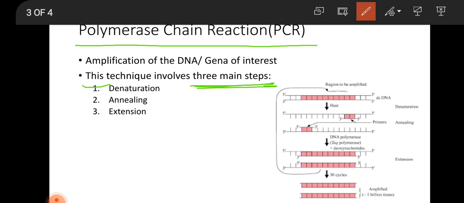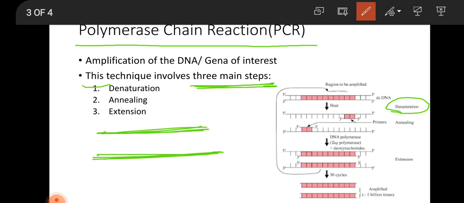You can see here, this is denaturation. When we get the piece of gene of interest, we have to remove or denature the two strands separately. Suppose these are the two strands, we have to separate these two strands for the formation of the replication.